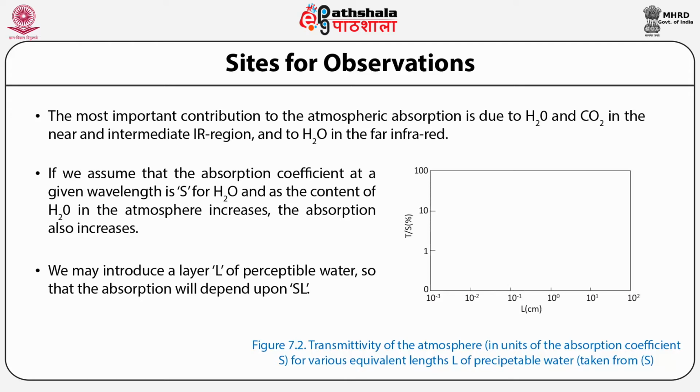So this kind of observation, based on various theoretical and mathematical studies, can be used as a tool. For example, if we are selecting among 10 sites and we have to do some IR observations, for that we have to install an IR telescope.